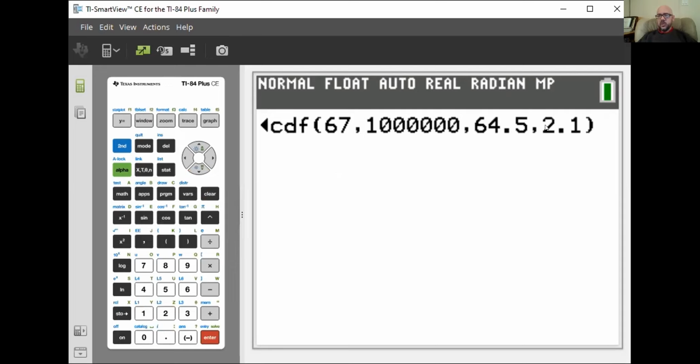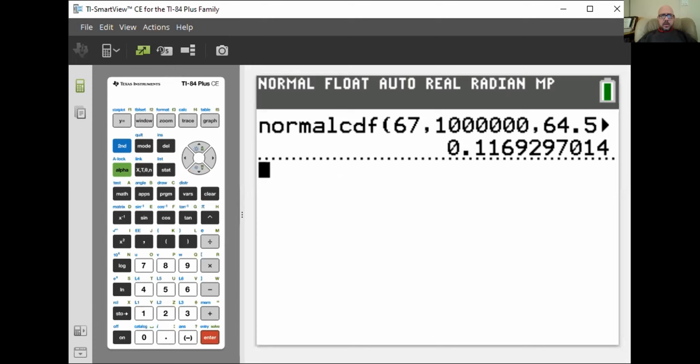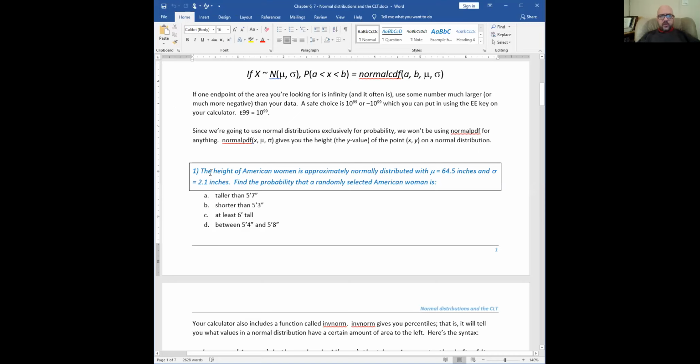So just type it in this order: A, B, mu, sigma, right? The same order I put it in the notes. There we go, 11.69%. So what that means, if we go look at the notes again, was, so the height of all American women follows that distribution that I sketched.